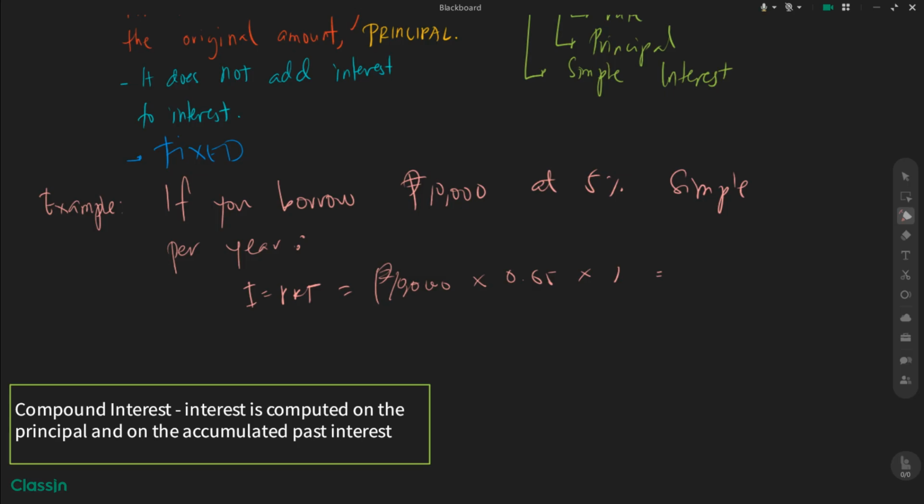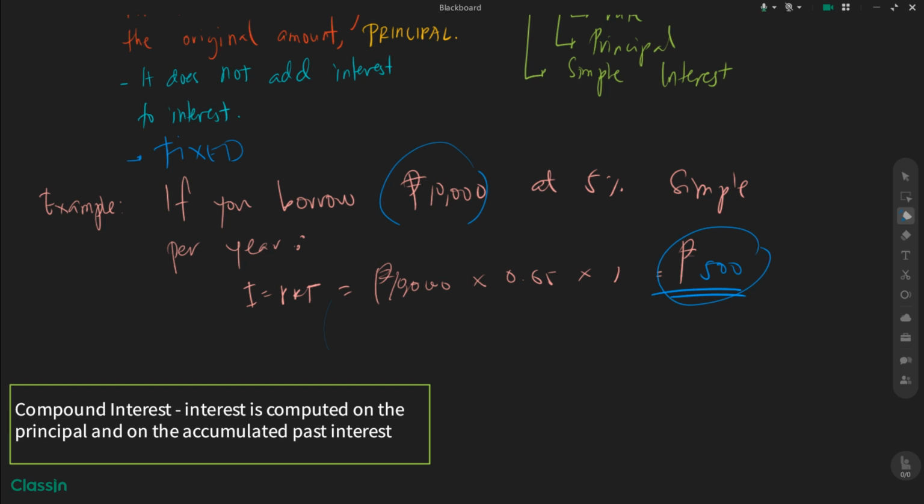The answer is 500. So meaning your fixed interest will be 500 pesos. So each year you only pay interest from the 10,000, which is 500 pesos.